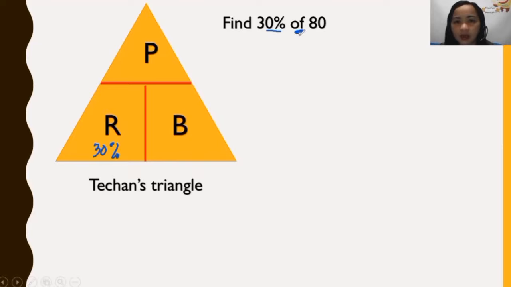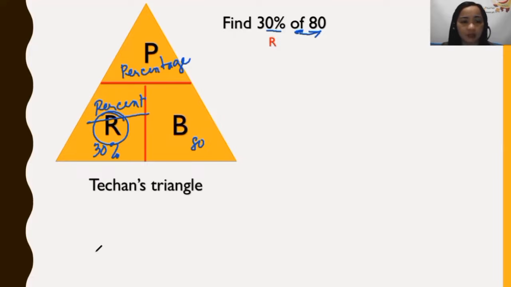And we have here the "of 80", that means 80 is our base. So what is missing is the percentage. The percentage and the percent are different, okay? You might get confused. When we say percent, that is rate. And this is percentage.